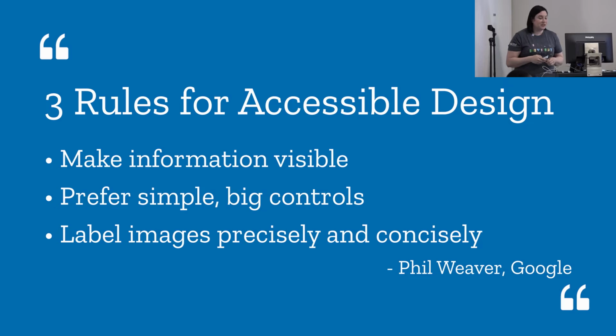While this list is not very long, so it's obviously not exhaustive, it's a great place to start. So he said, make information visible, prefer simple and big controls, and label images precisely and concisely.